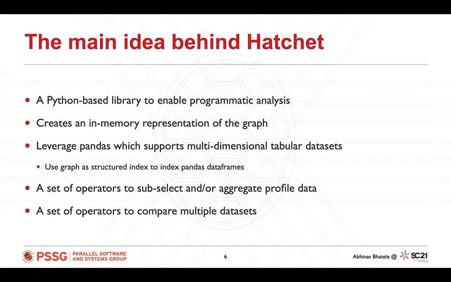Based on this in-memory representation of our call graph, we came up with a set of operators to sub-select or aggregate profile data. And in addition, we have a set of operators that help us compare across multiple executions or data sets from multiple executions.